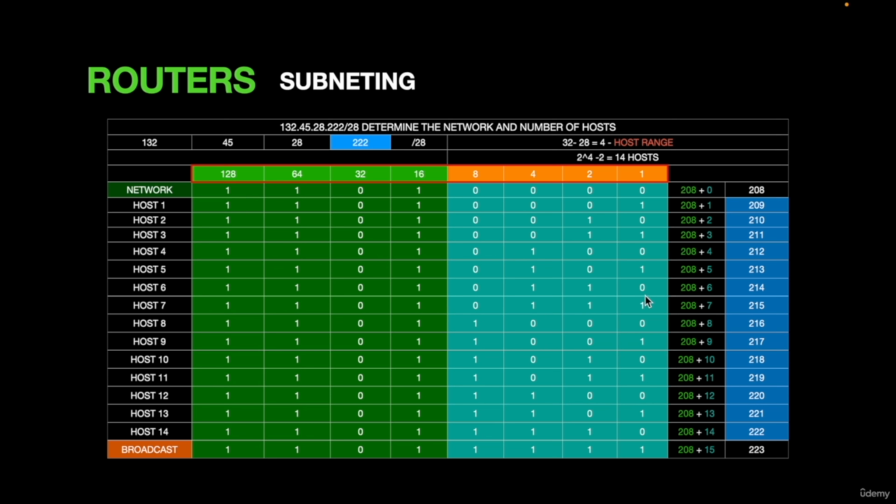For 7, you activate all of these 3 bits, and so on till you reach the broadcast address. As I told you, the broadcast address is all ones, and our broadcast address will be 223, and our last host in this range will be the last address before it.